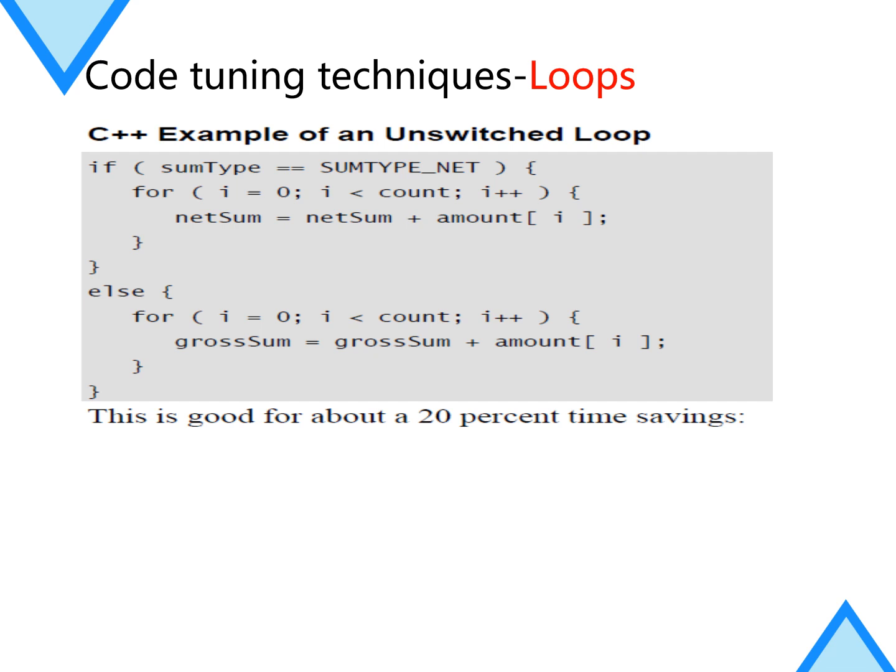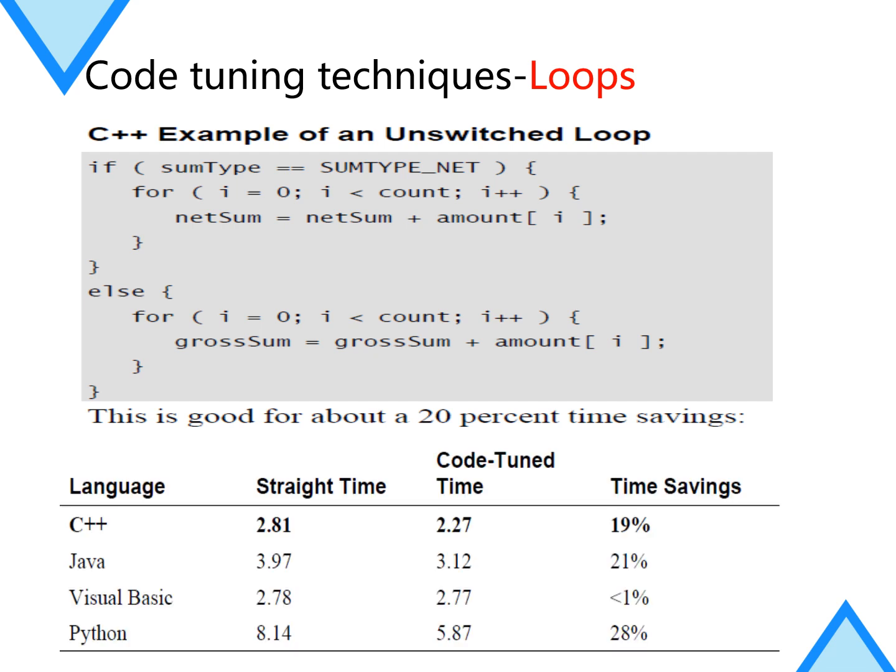So here we have unswitched the loop. If we look here, this is the body of the loop, and we have put the condition sumType equals sumType_net outside the body of the loop. This is good for about a 20% time saving. Let's see the time saving for different languages.